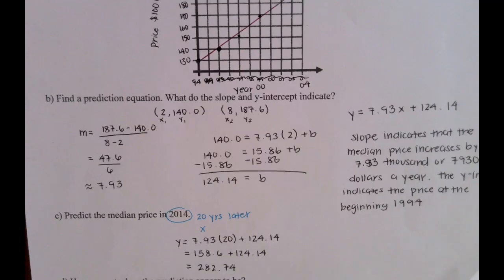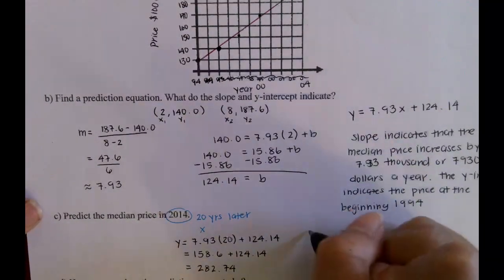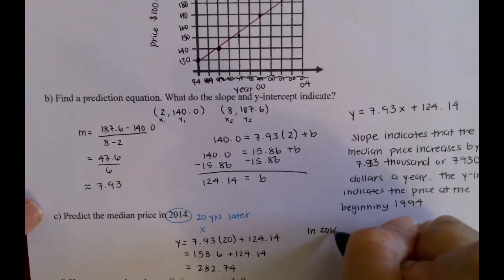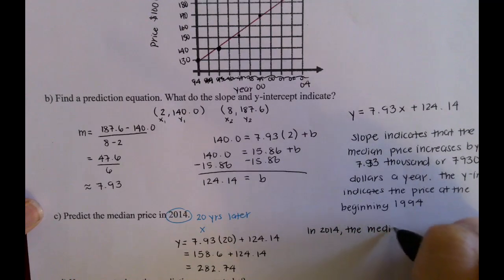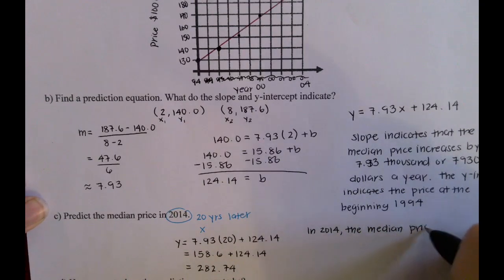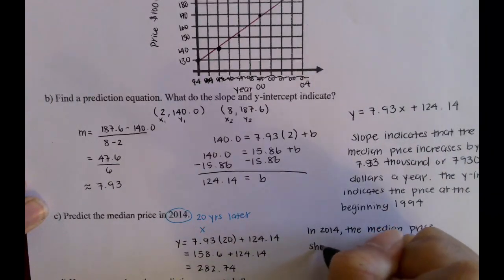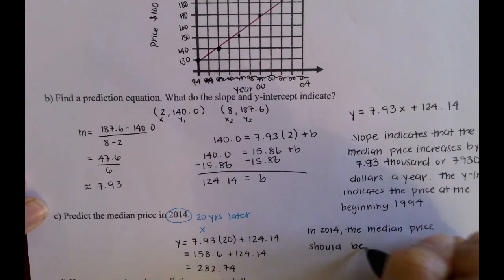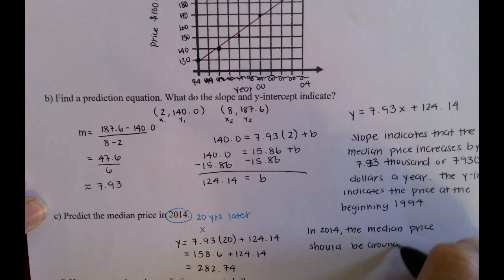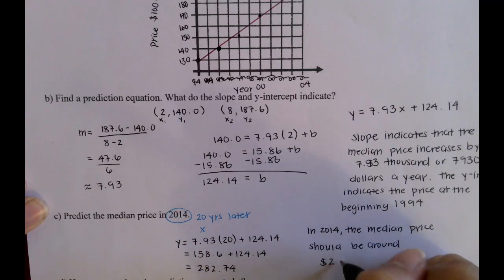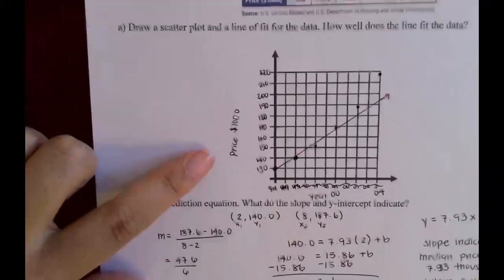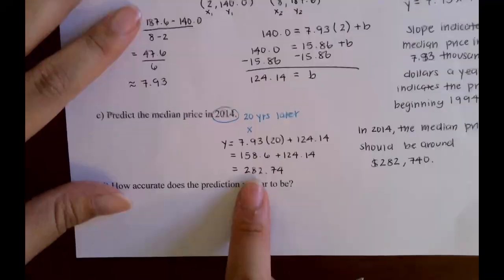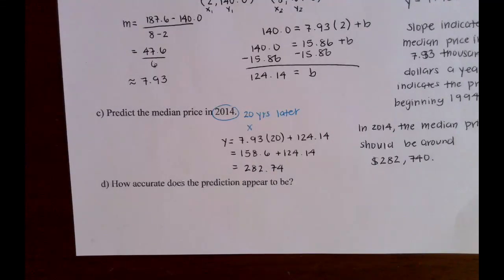Okay, so what it means is in 2014, the median price should be around $282,740, right? Because this is in thousands. So 282,740. Okay.